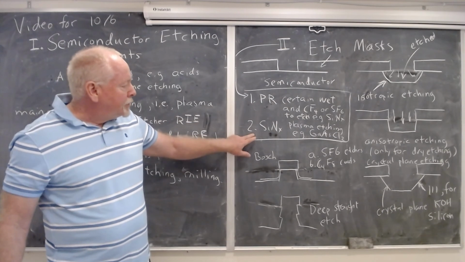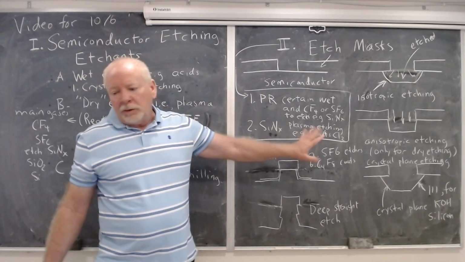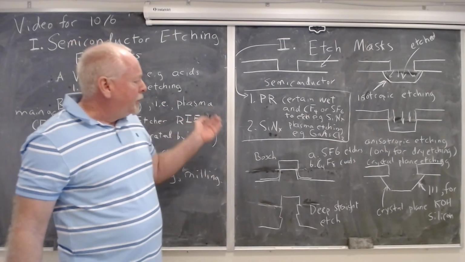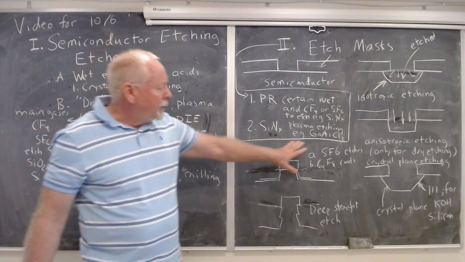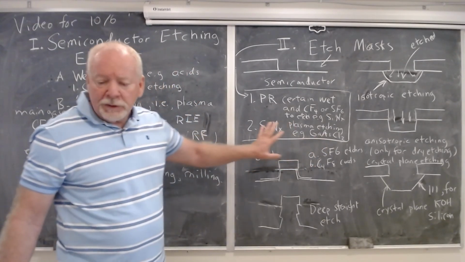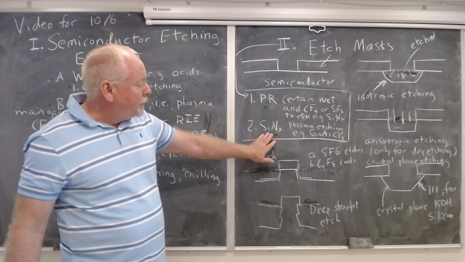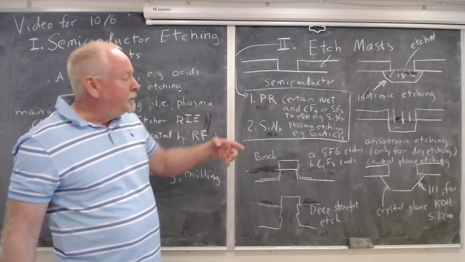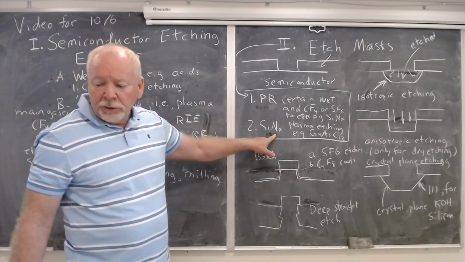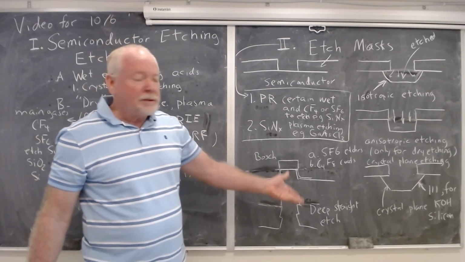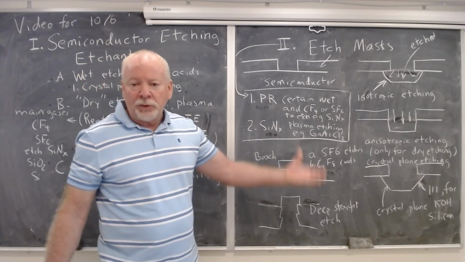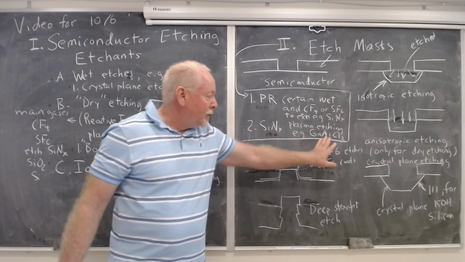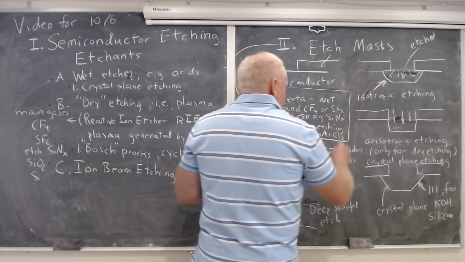But you're starting to see the starting of having recipes, because particularly if you need to etch some features in gallium arsenide, you would first deposit silicon nitride, you would spin photoresist, you would make the openings, you would use that as an etch mask to define the silicon nitride, and then you would strip your photoresist and you would use the silicon nitride as a subsequent etch mask for a chlorine-based plasma.